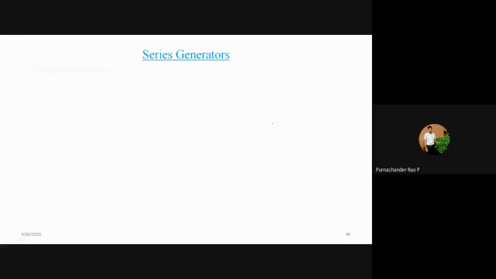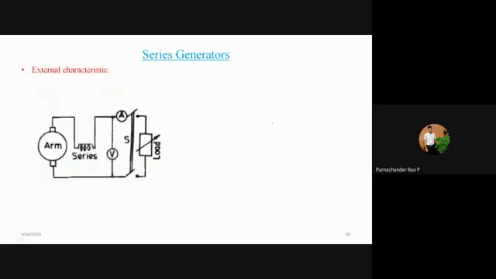Okay, next, the external characteristics. This is very, very important. Here is the main circuit for the external characteristics of a series generator. The external characteristics is drawn between terminal voltage versus IA or IL.